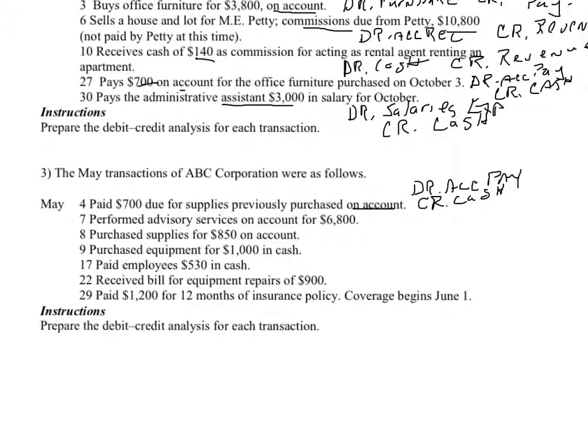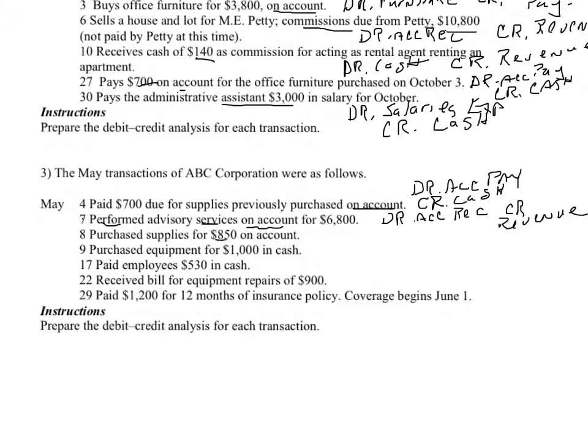My cash also goes down. On May 7th, I performed services, so it's a credit to revenue. Now, did I get cash? No. It's on account. So it's debit accounts receivable, and credit revenue.